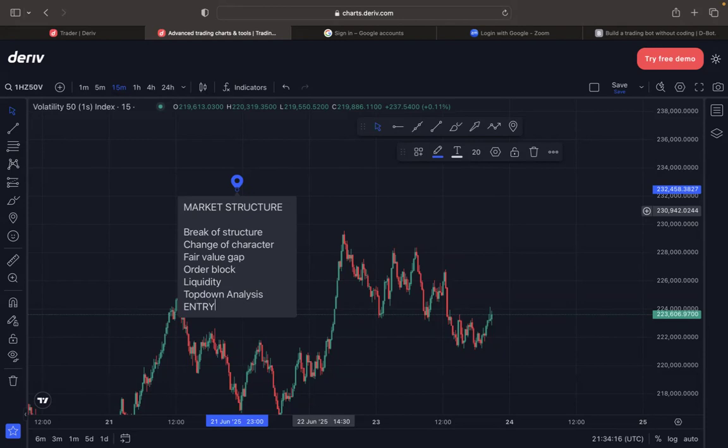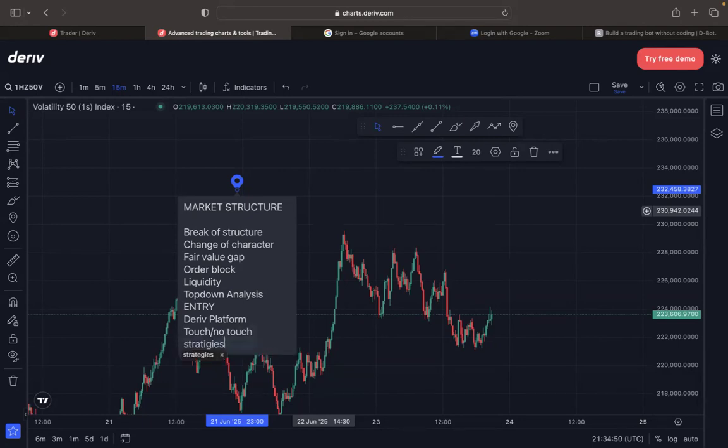And then it's very important that we then understand the derivative platform. And then we need to understand the touch stroke no touch strategies.